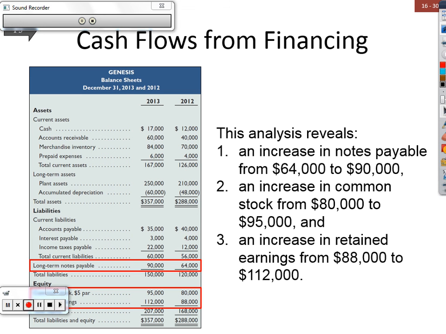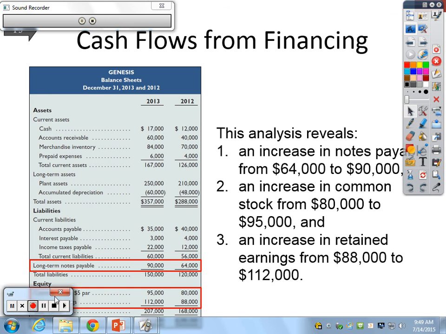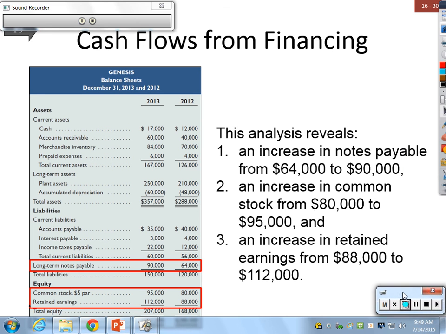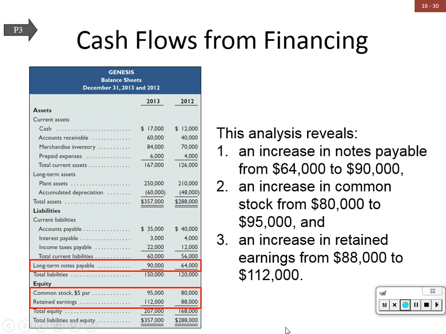In this case, from 2012 to 2013, the long-term notes payable increased from 64,000 to 90,000, right? And for common stock, it increased from 2012 to 2013 to 95,000.